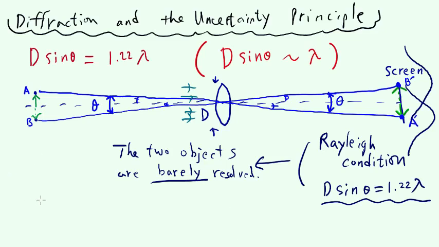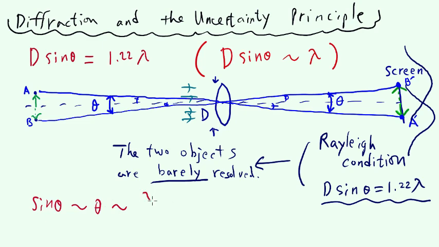So let's summarize. What we found is that this sine theta, and for the time being I will assume that theta is a small angle, which is often the case. So this theta becomes, well, I'm going to also drop 1.22 for this qualitative summary of what we found.